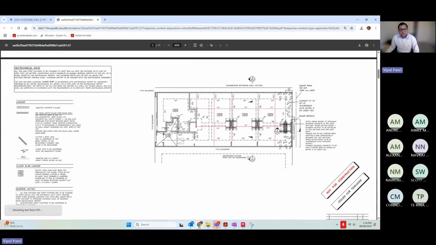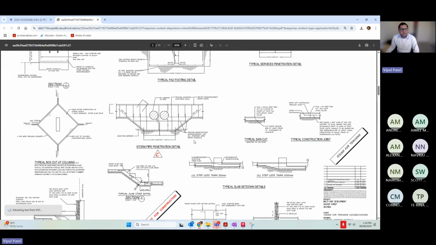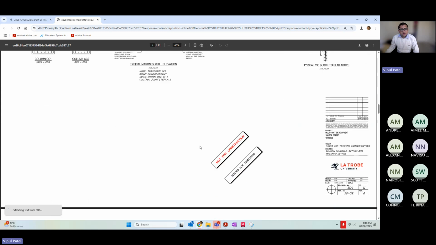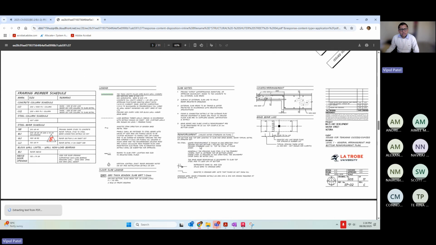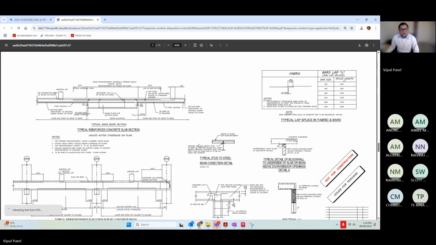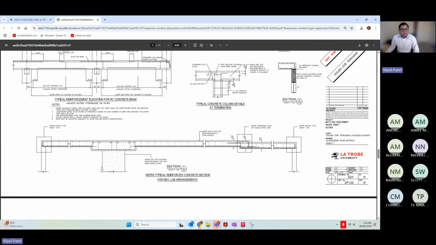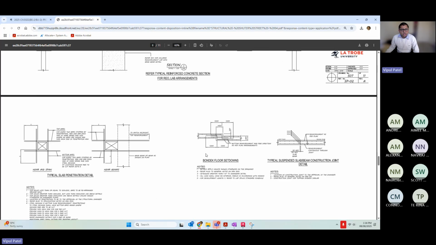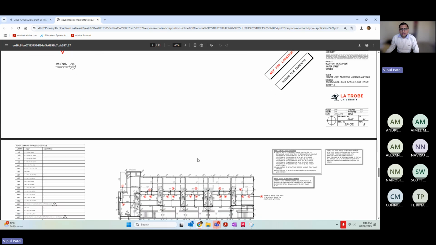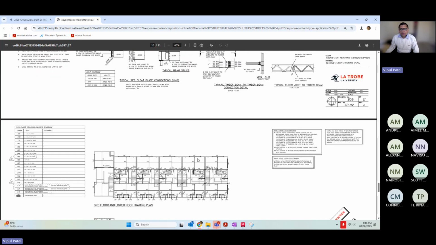So this is a structural engineering drawing. Let me open it. This is basically talking about the slabs that they have. These are the slabs that they are trying to work out. So that's the slab, and that's the whole thing, the slabs that we're going to design for your structure.